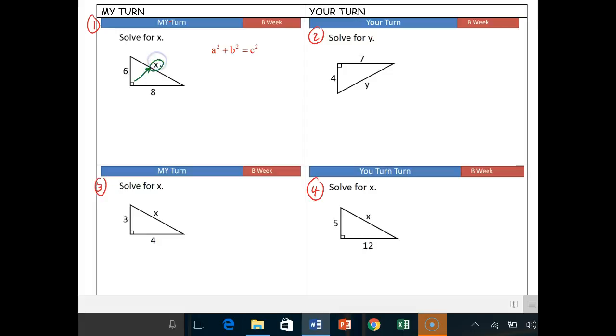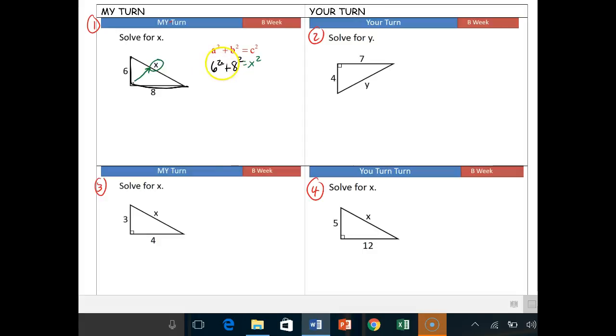So in this case, c squared is x. So we need to solve for my hypotenuse. Now, a squared and b squared don't necessarily matter. You can flip them around. So you can say this is 6 squared plus 8 squared. All we've done is plug in these two sides as a and b, and now we're going to solve for c. So we have to do some algebra.